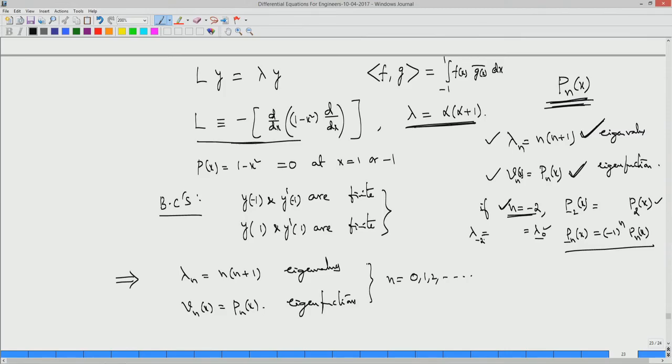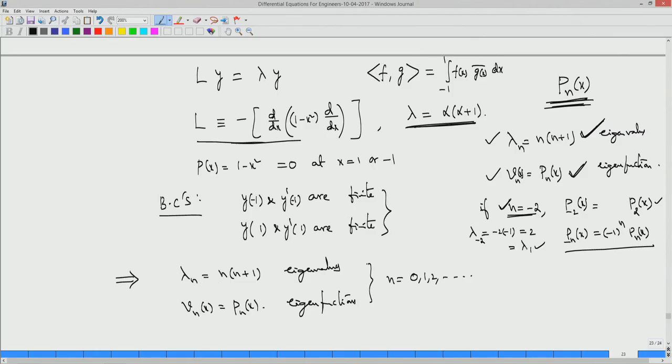But what is lambda -2? Lambda -2 is -2 into -2 plus 1, which is -2 into -1, so it is 2. And 2 corresponds to lambda 1, which is already here, corresponding to n equal to 1. Lambda 1 is also 2. So, like this all lambda minus n are already here, they are the same eigenvalues.